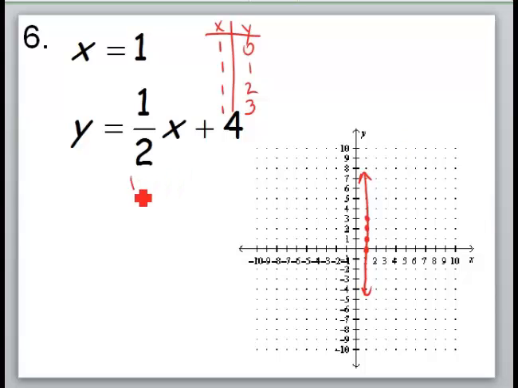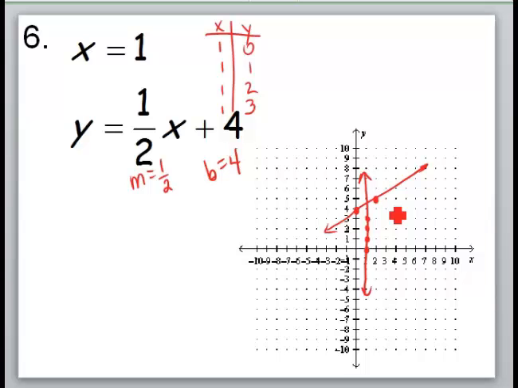The second one I will plot by using my slope of 1/2, and my b value is 4. I should change the color for each line, but I'm not going to on this problem. So my y-intercept is 4. Plot my 4, and then I'm doing rise 1, run 2. Now on this one, we don't have the exact intersection.